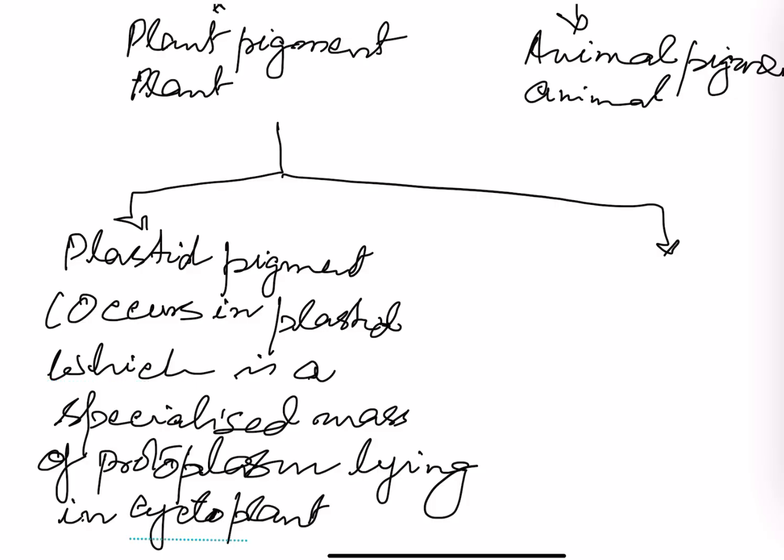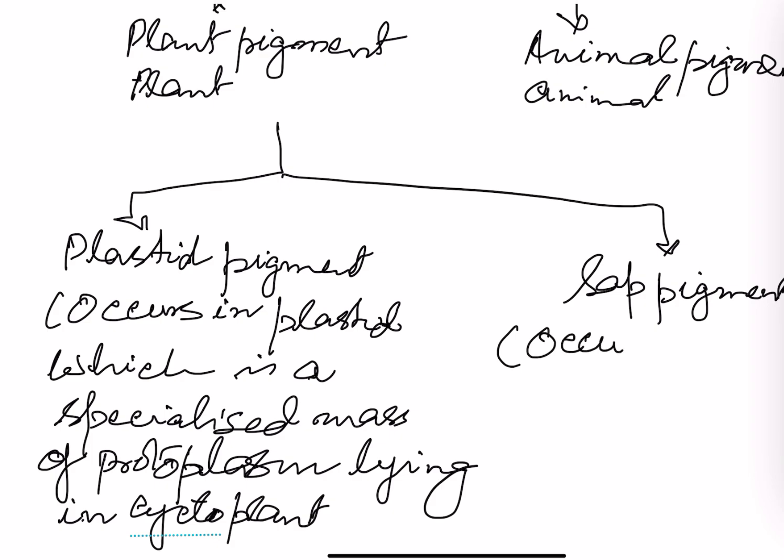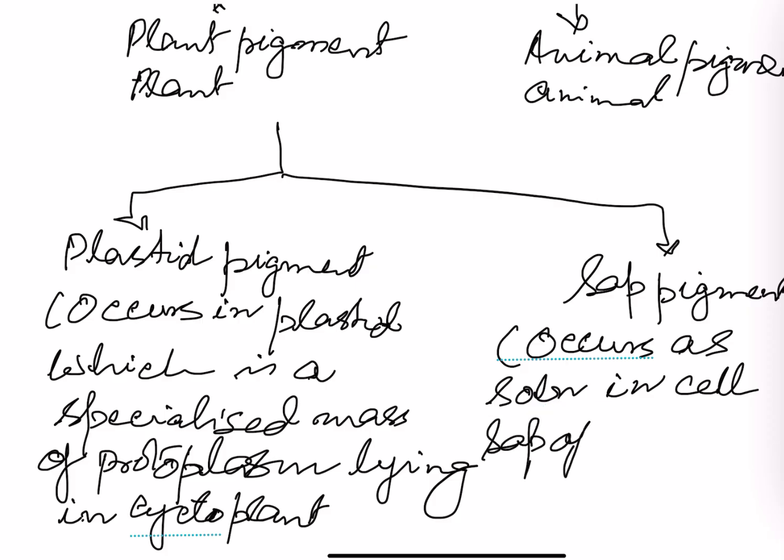And the next category is your sap pigment. This occurs as a solution in the cell sap of plant. Now the example for this is anthocyanins.